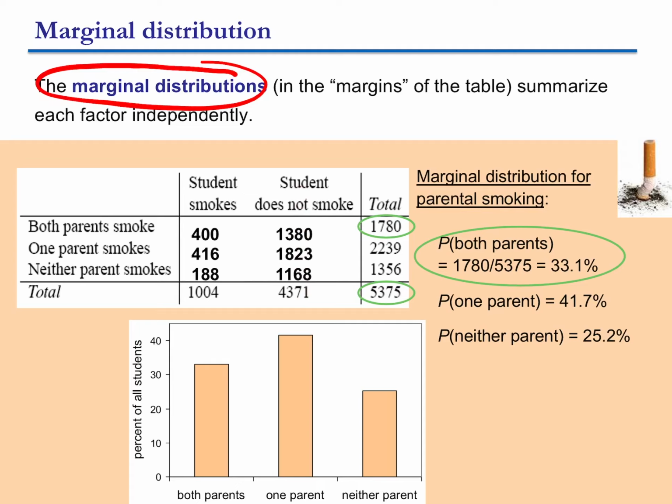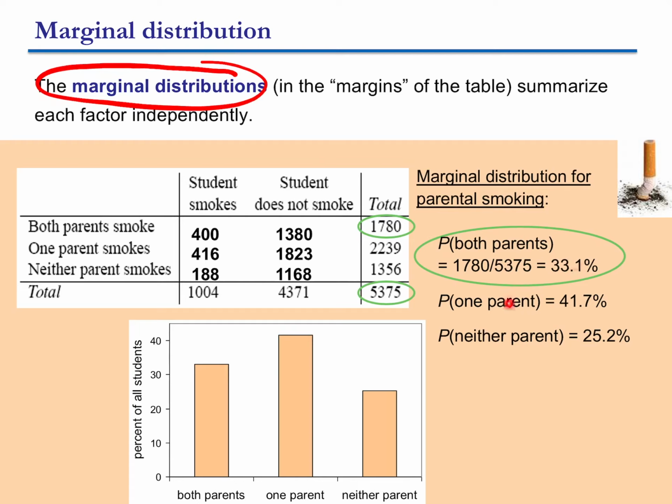So what is the probability, given the data in this table, that a student lives in a two-parent smoking household? We take 1,780, the total number of students who live in a two-parent smoking household, and divide that by the total number of students. So 1,780 over 5,375 gives 33.1% of our students living in a two-parent smoking household.